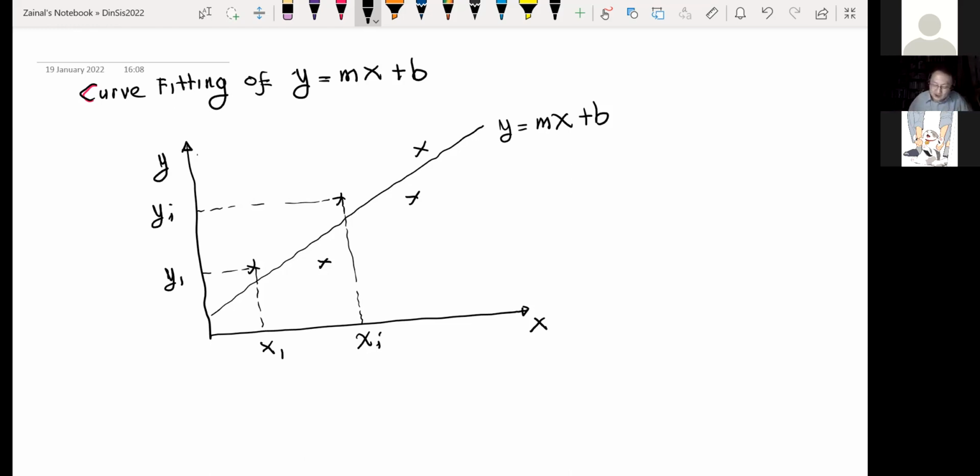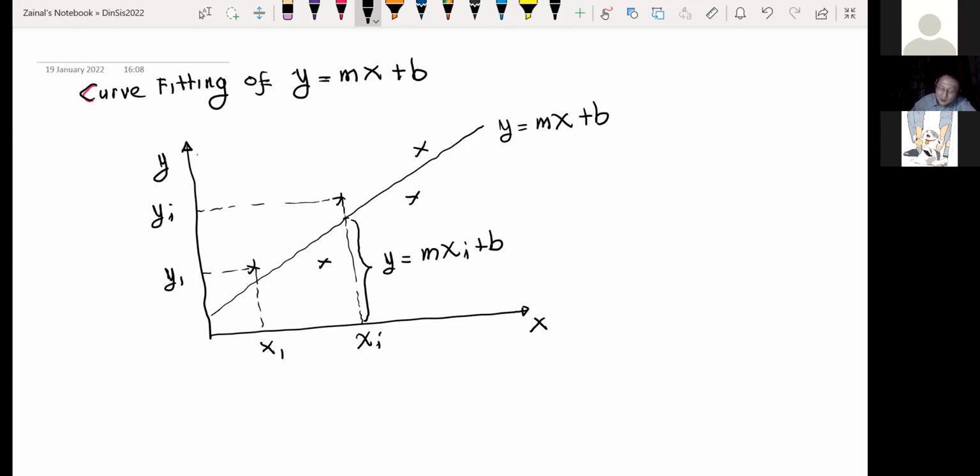If you look at this one, the height from here to here is the same as y, which is mxi plus b. So if you substitute xi in the linear equation, you get this one.